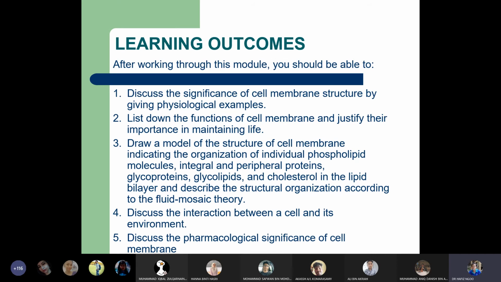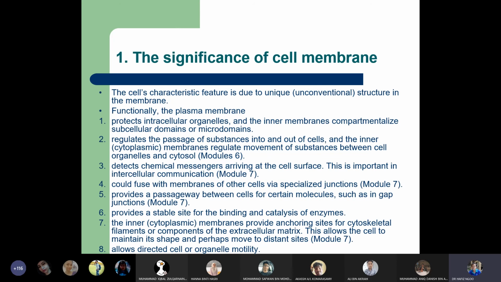We know the functions of the cell membrane, so you can refer to slide number 3. Because it has a unique structure, the function is to protect the internal organelles and the internal membrane, and also to compartmentalize the intracellular space or organelles into different microdomains or subcellular domains.